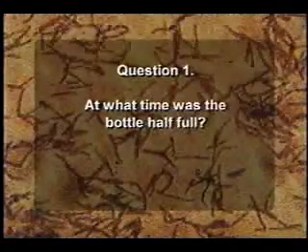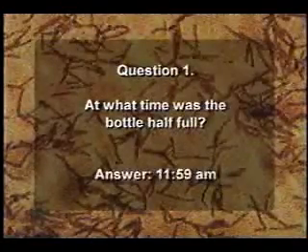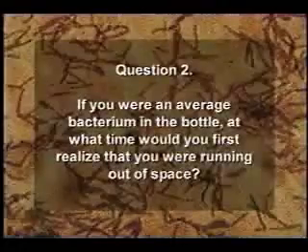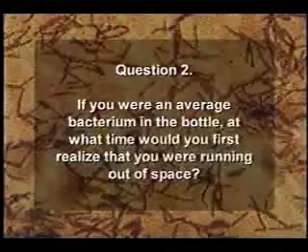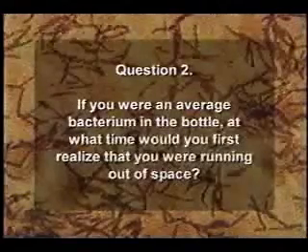Well, would you believe 11:59, 1 minute before 12, because they double in number every minute. And the second question, if you were an average bacterium in that bottle, at what time would you first realize that you were running out of space? Now think about this. This kind of steady growth is the centerpiece of the national economy and of the entire global economy.